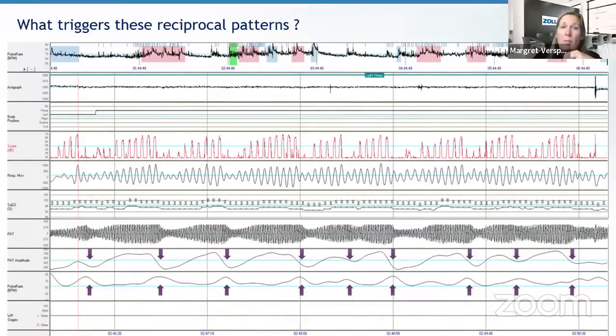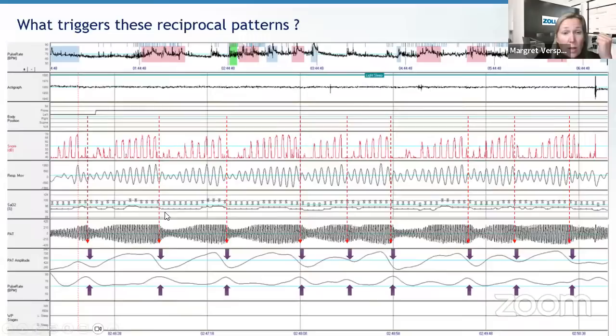This is a nice example, a 6-minute window, where the red one is the snore, the sound. We can see increased snoring with increased respiratory effort. The patient is really doing her best to breathe. And then there is an arousal.